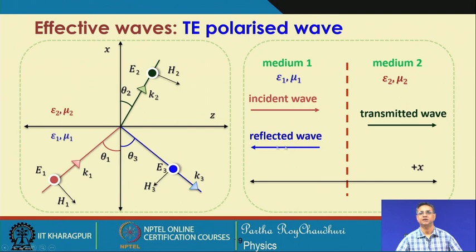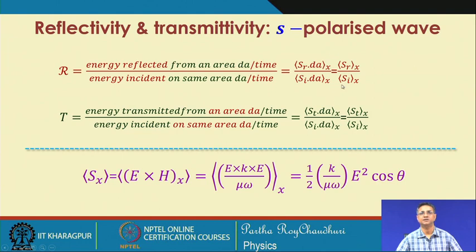This reflection or transmission, whether it is along the positive or negative x axis, is only along the x direction. And similarly, the energy transmission coefficient, that is the transmittivity, is defined in the same way, that is the energy transmitted from an infinitesimal elementary area per unit time, by the energy that is incident on the same elementary area dA per unit time.